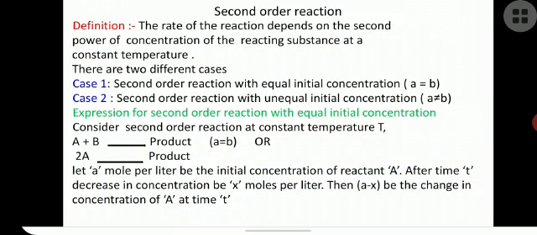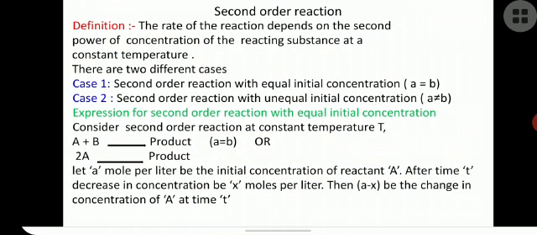Now initially we will discuss the expression for second order reaction with equal initial concentration. Consider the second order reaction at a constant temperature T, that is A plus B gives product. In this case, the concentration of A and B are same, that is A is equal to B, or 2A gives product.